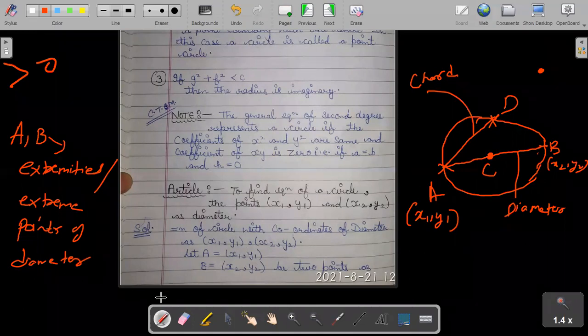So then in that case, what this article says कि अगर आपको diameter के end points पता है, say one point is x1 y1 and another point is x2 y2, right?